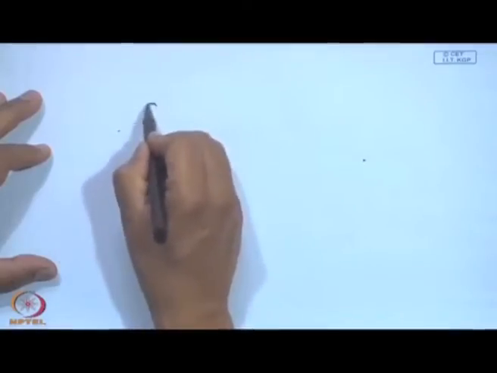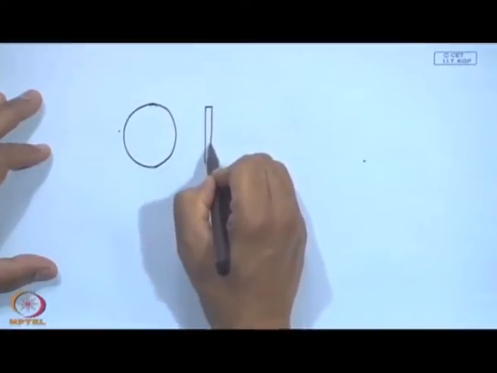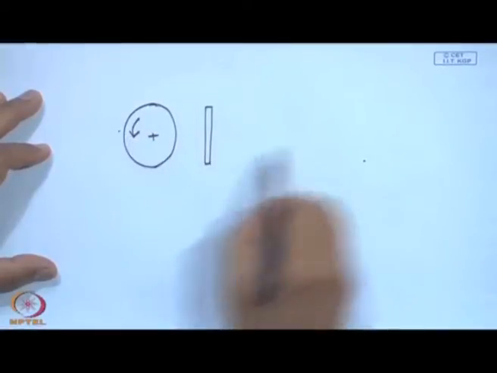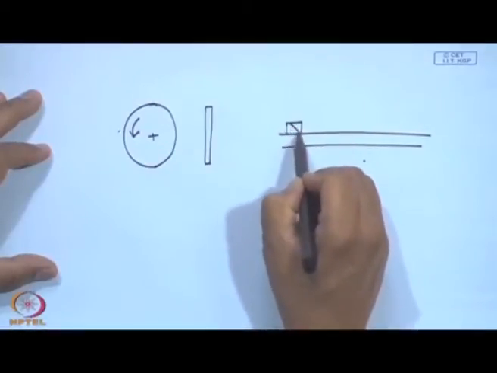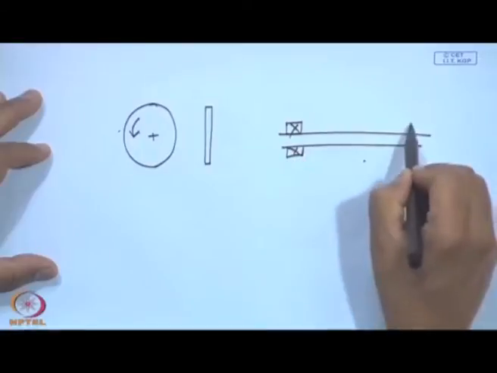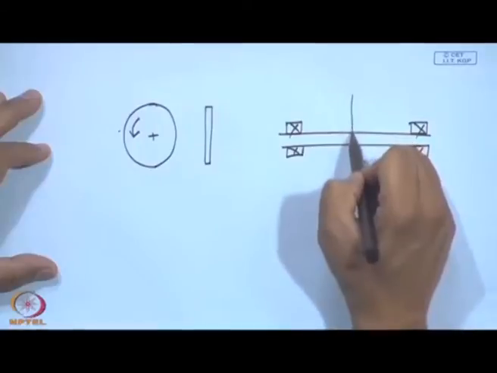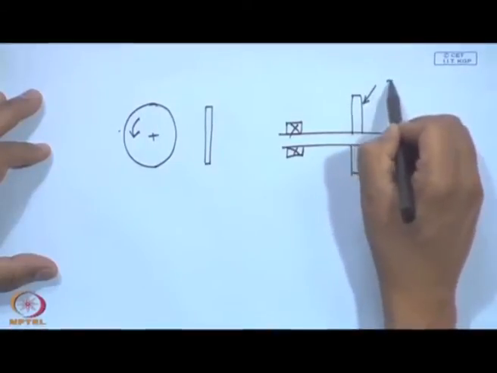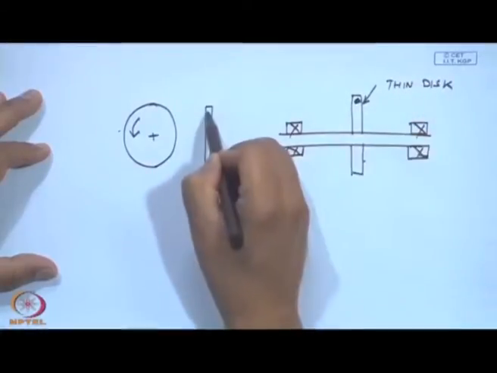Now, this disk could be thin, which is rotating about the shaft. This is a thin disk with an unbalanced mass here.